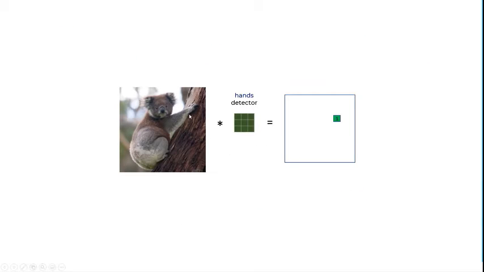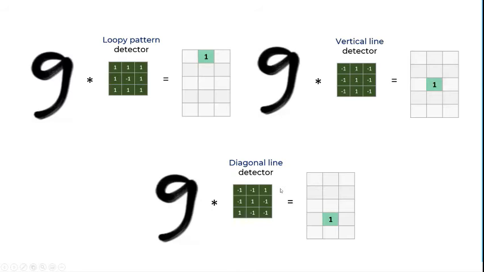The hand of koala is in this particular region, therefore when I apply a hand detector, it will activate here. Now for number 9, and I'm just moving between number 9 and koala so that the presentation is simple enough and you still get an idea.